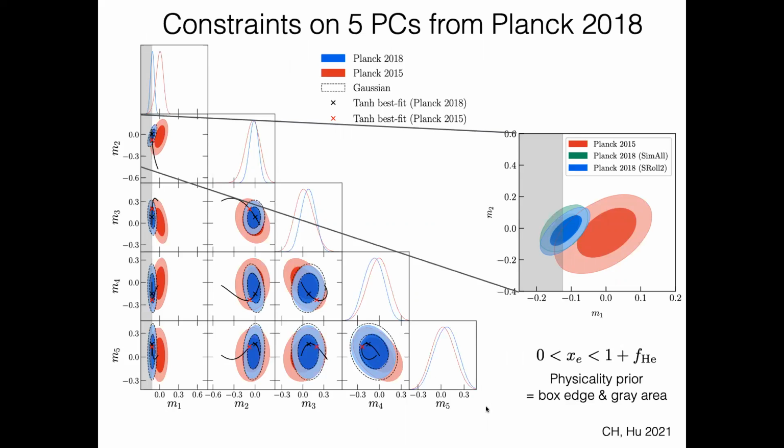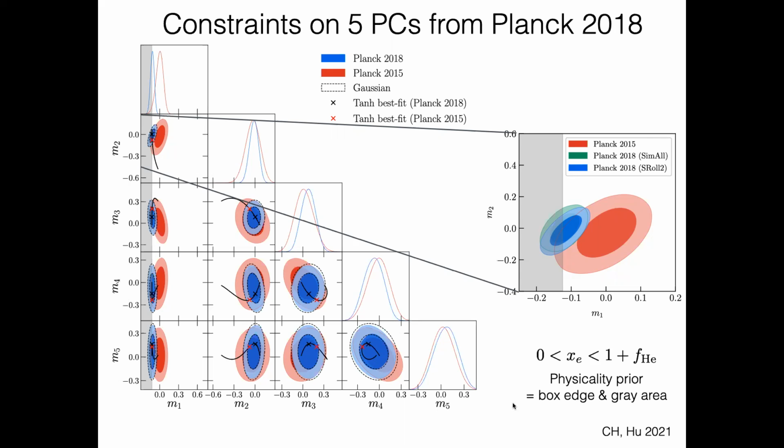But before I go there with the effective likelihood code, let's take a brief look at the constraint here. So we have the 5 principal components, and the boxes denote the edge of the physicality priors, which enforce xe to be bounded between 0 and roughly 1.